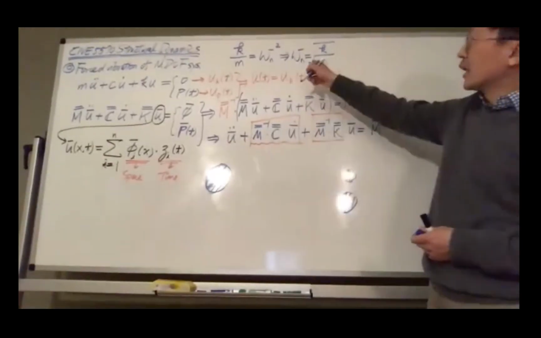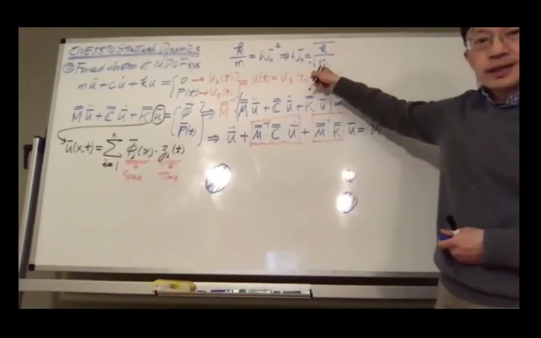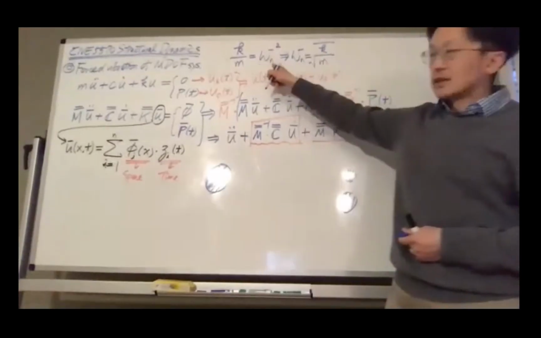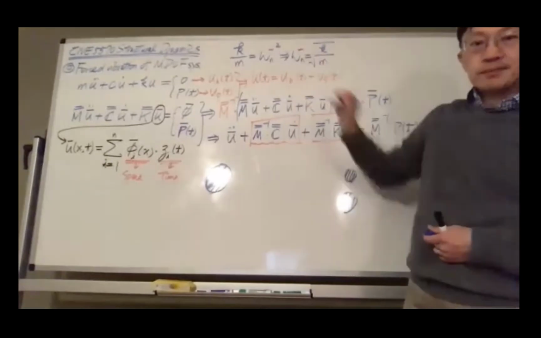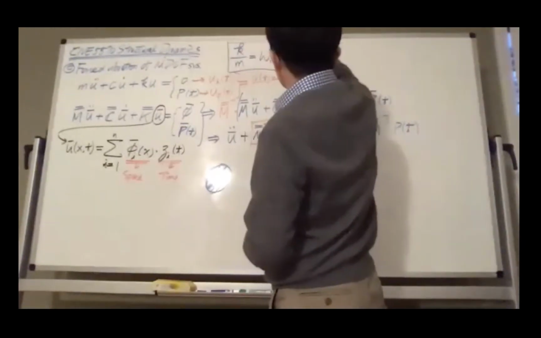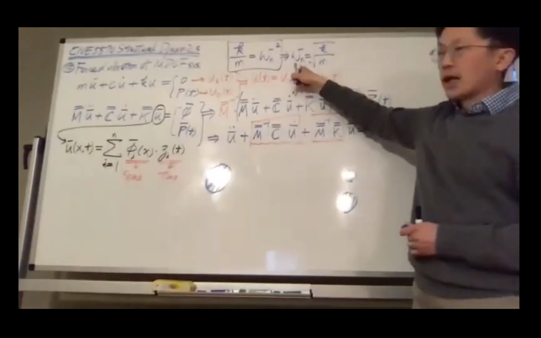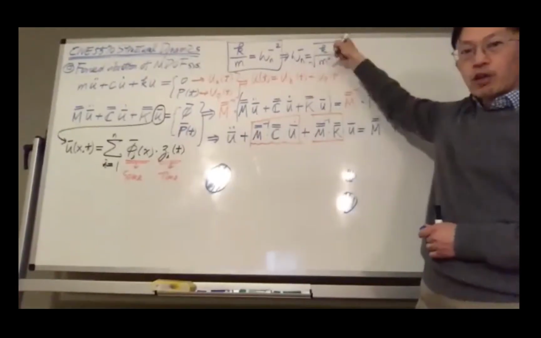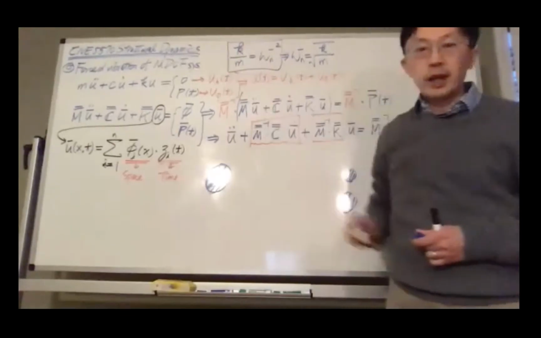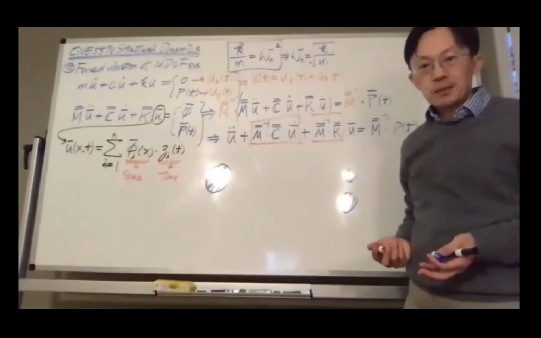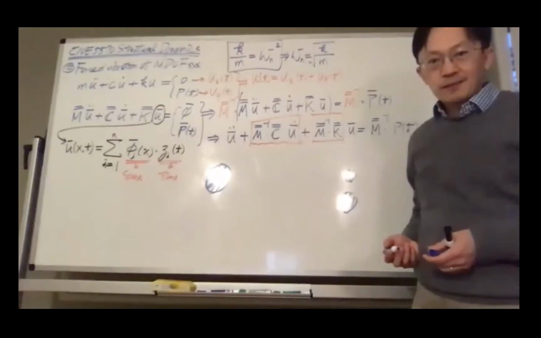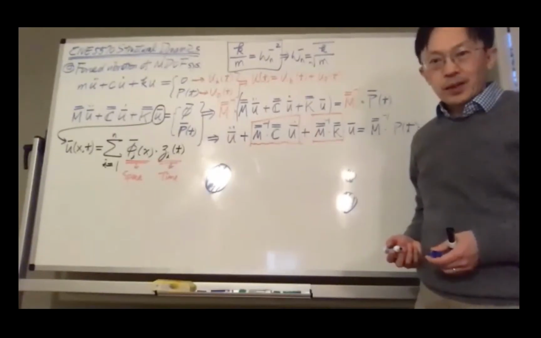You can either keep the square root on the right-hand side of this expression or square both sides. In other words, you can either say that omega n equals the square root of K over M, or you can say that omega n squared is K over M, right? Mathematically, correct? Right? Yeah.